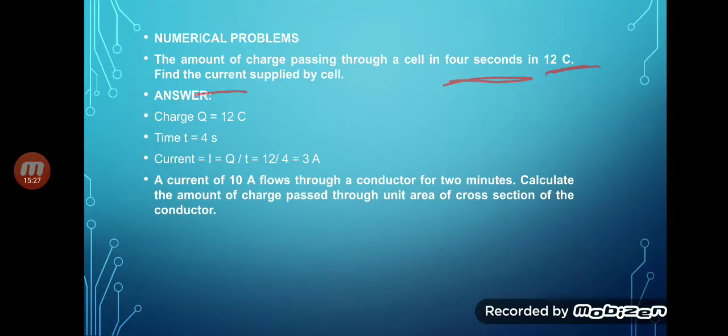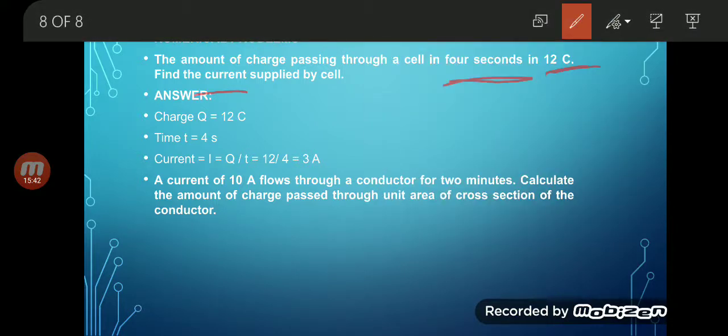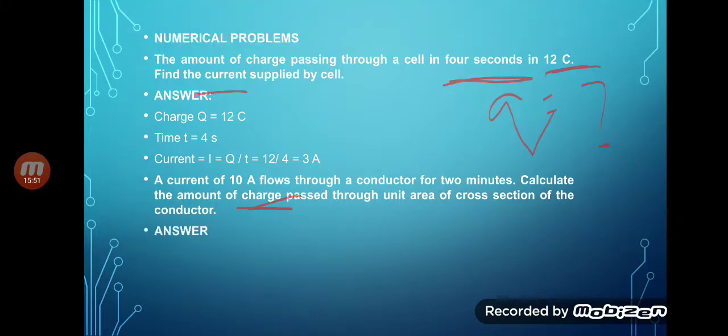Next, a current of 10 ampere flows through a conductor for 2 minutes. Calculate the amount of charge passed through a unit area of cross section of a conductor. What do you have to find? The amount of charge, which is Q. You have current, which is 10 ampere. You have time, which is 2 minutes.